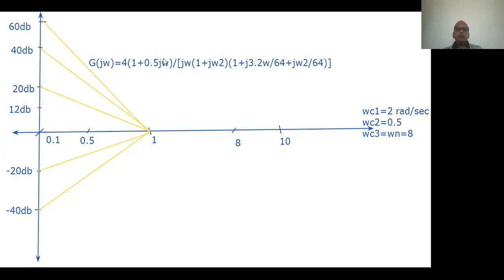Then draw 4 divided by j omega. This is 4 divided by j omega. Omega is equal to 1.